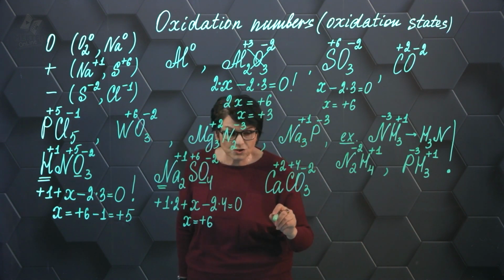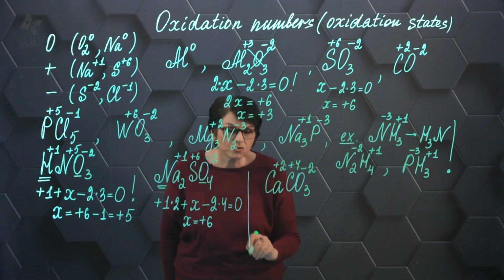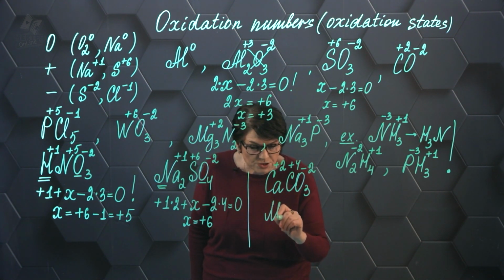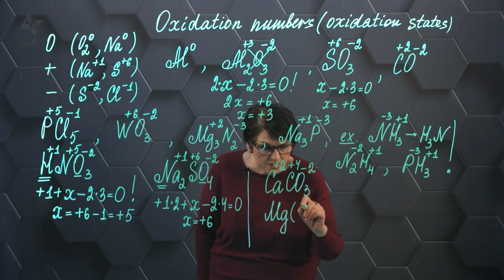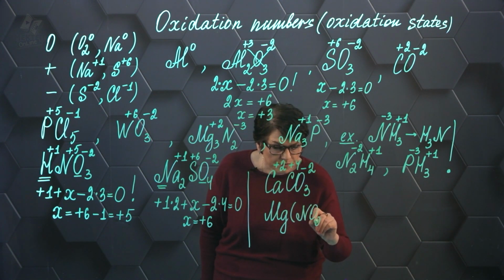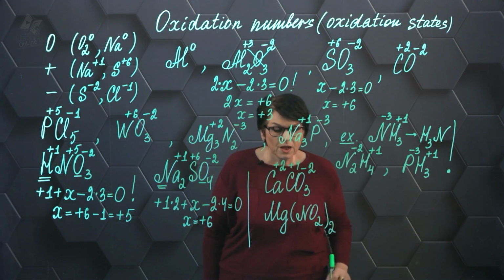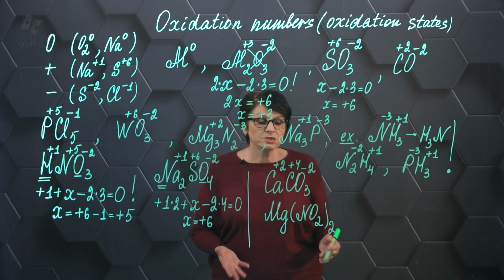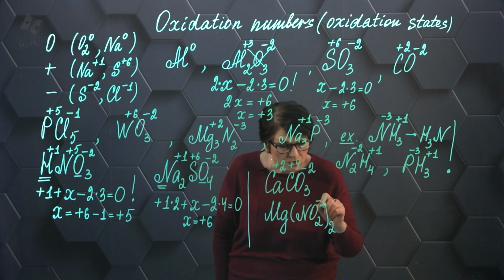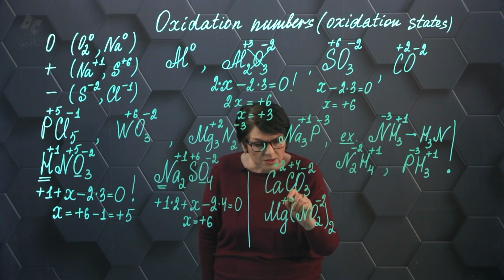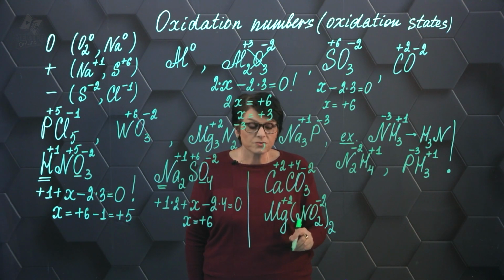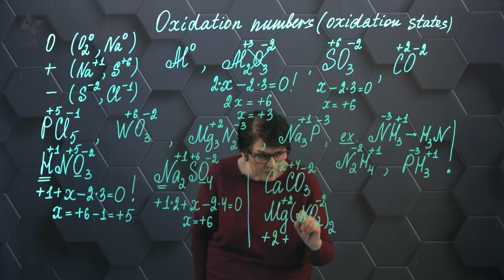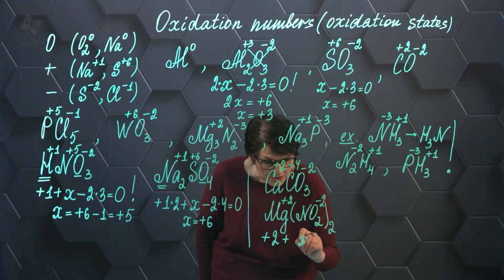Next, let's explain how it will work in formulas with parentheses. For example, let it be the formula of magnesium nitrate, Mg(NO3)2. How do we work with parentheses? Exactly the same way we would do the math. So oxygen -2, magnesium +2 because magnesium is in group 2, and then the math would go like this: +2, nitrogen we don't know yet, x.